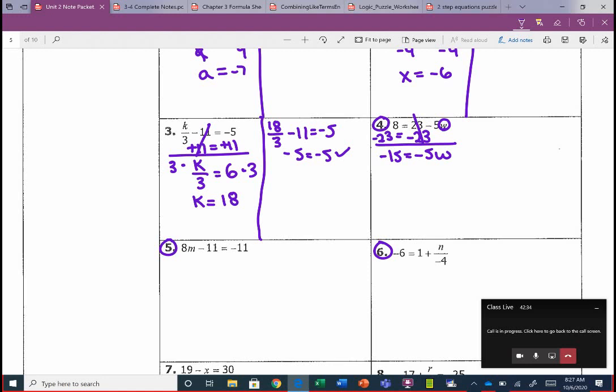We get negative 15 on the left. Over on the right, we have to be careful because there's really a negative in front of my 5W. So that negative has to come down. Then to undo my multiplication, I have to divide.